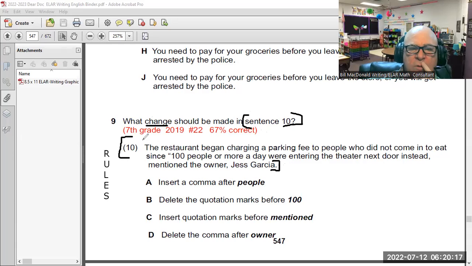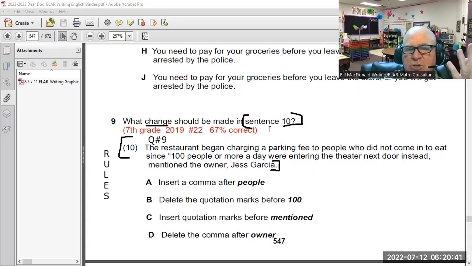And then what we can do, which will help your kids not go to the right place, we can very tiny write, this is going to be for question number 9, so that they know question 9 goes with sentence 10.